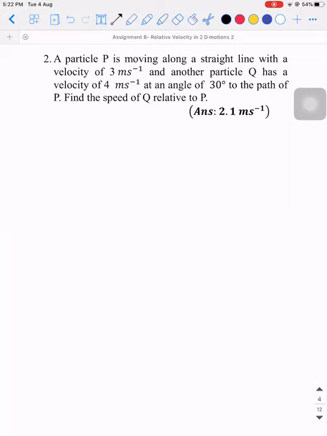They told straight line, but they didn't mention any direction. So which direction do you want to take? Along x-axis. Positive or negative? It is up to you. You want to take it as positive x-axis.